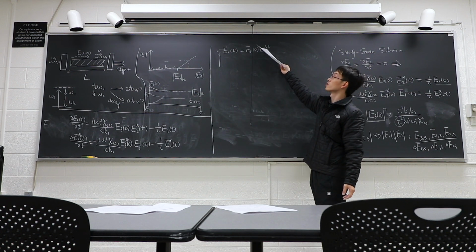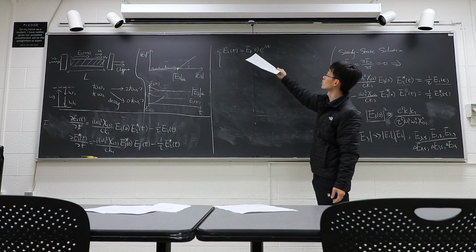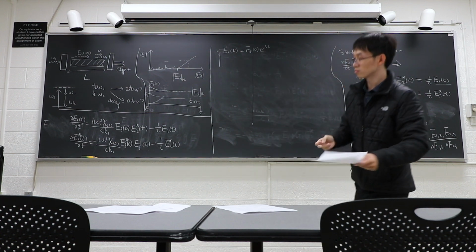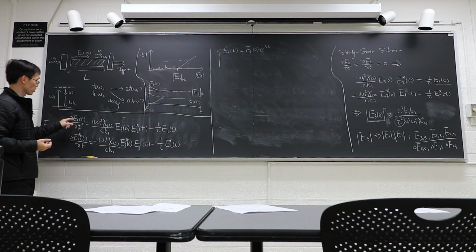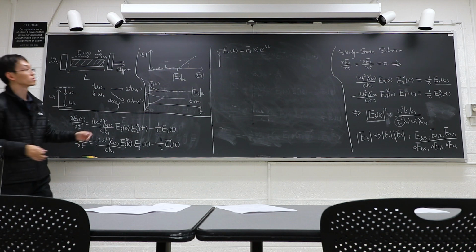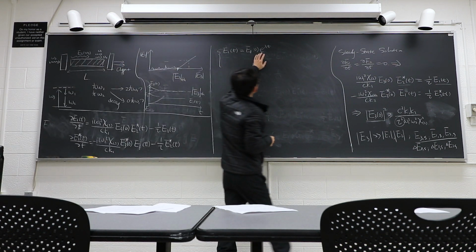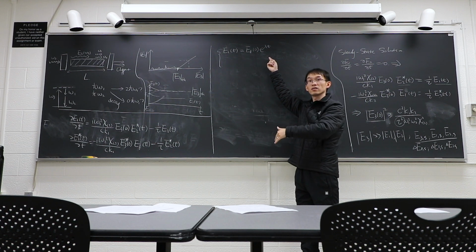If you grow exponentially, it will look like this. How does this help? This is an arbitrary function of E1. It can go crazy, like the wave function can be crazy. This way, we confine ourselves to whether it's growing or decaying.